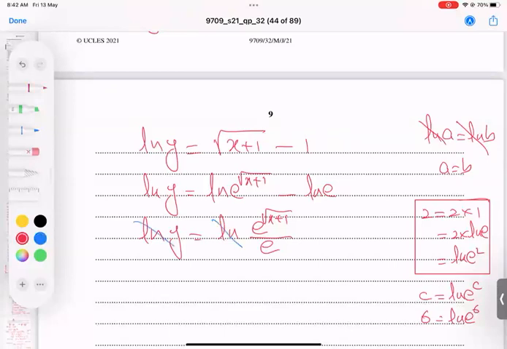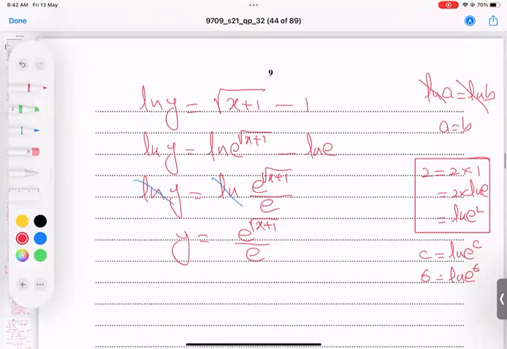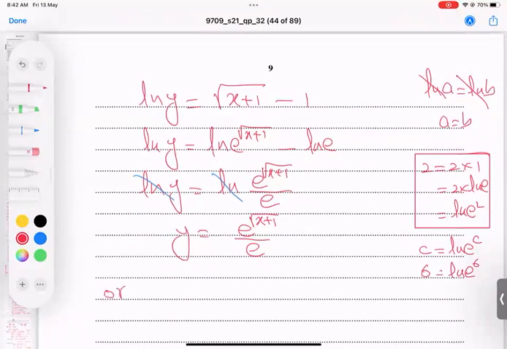Y is equal to e to the root power of this one, divided by e. If you leave it here, 100% correct answer, or e to power is a 1 actually. So you know it very well. When two bases, for example, a by b, we can write a minus b. So upper power minus 1.